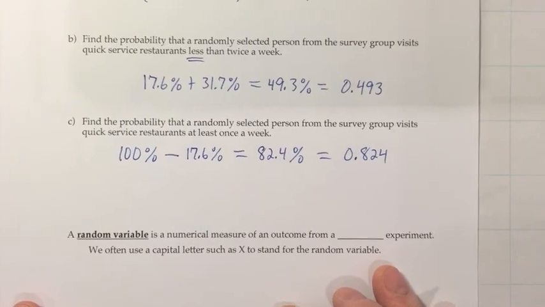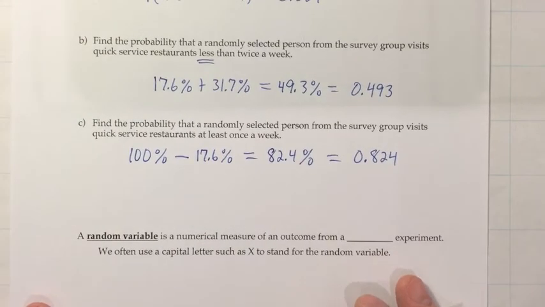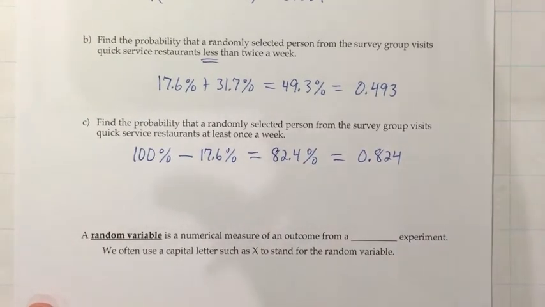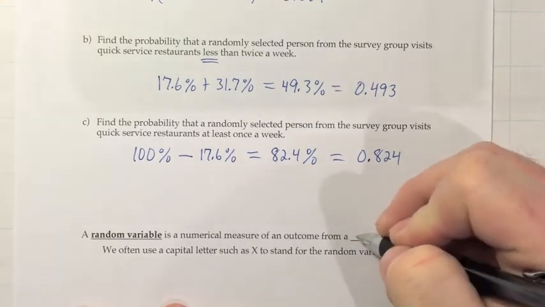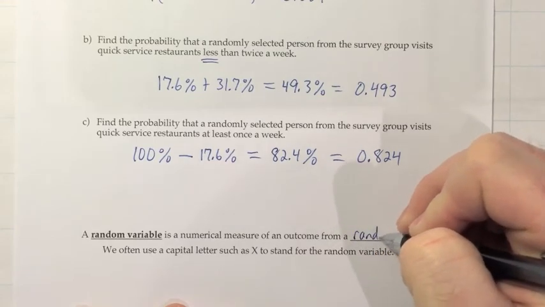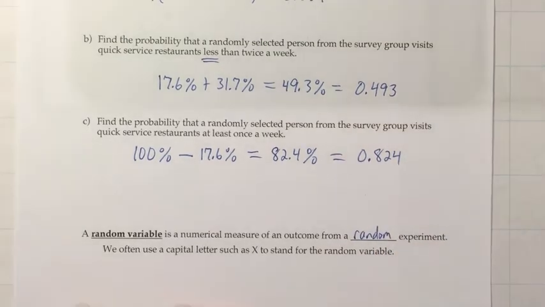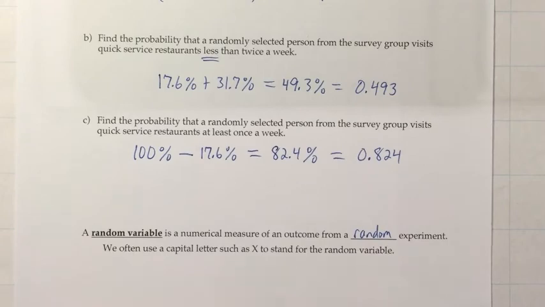So moving on to another definition, we're going to look at a random variable. A random variable is a numerical measure of an outcome from a random experiment. And we often use a capital letter such as X to stand for the random variable. So for example, a while ago we were talking about rolling 2 dice and looking at the sum.